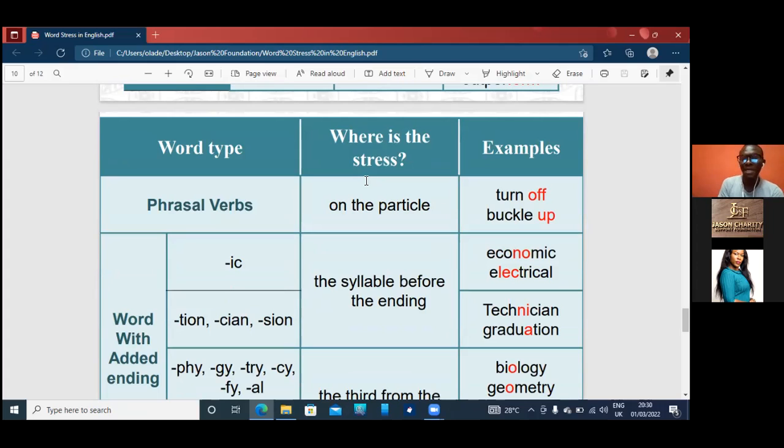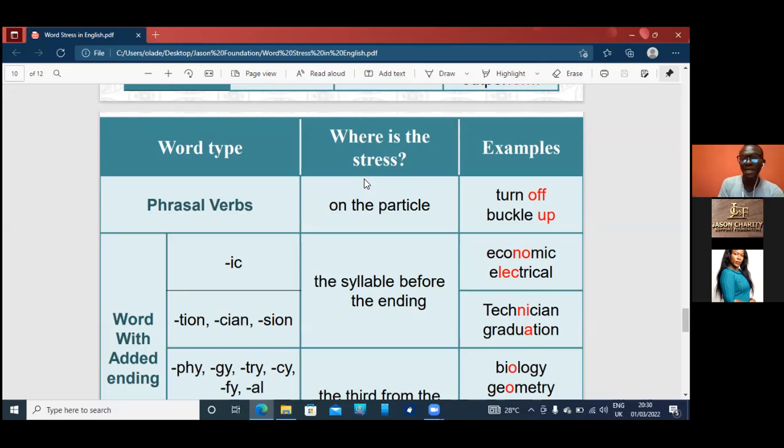For instance, turn off is a phrasal verb because you have turn, which is a verb, and then you have off, a position word, and then buckle up. So we have a verb and then a preposition or adverb that tells position after it. Then you have a phrasal verb.